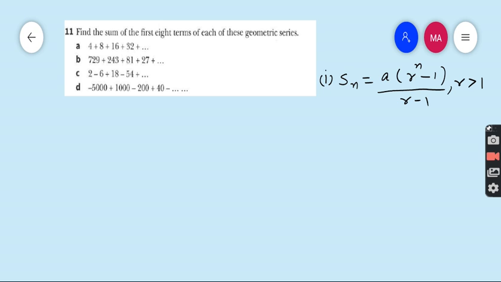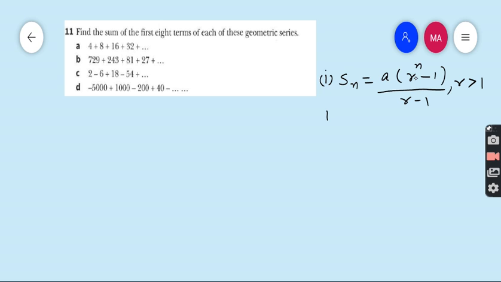So if the ratio of the given question is greater than 1, then we have to use the formula Sn equals A into R to the power n minus 1 upon R minus 1.